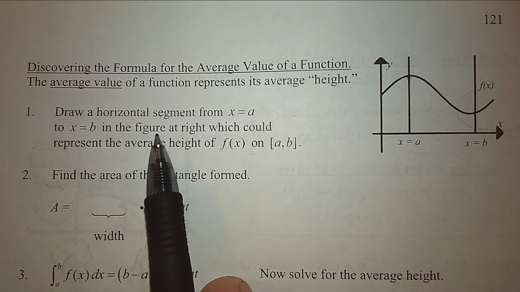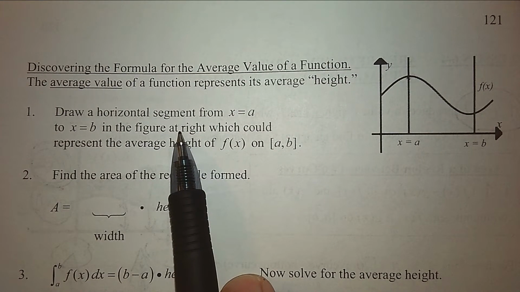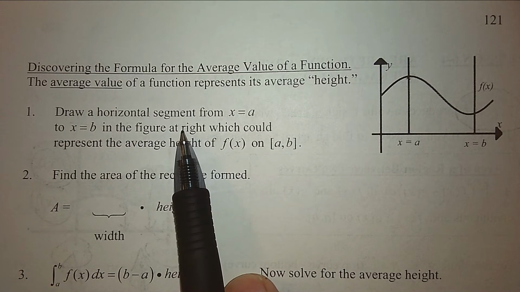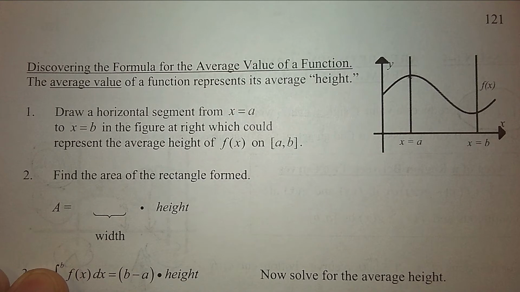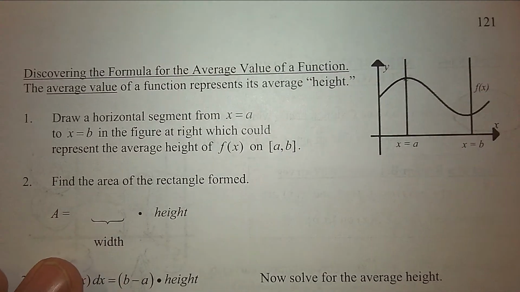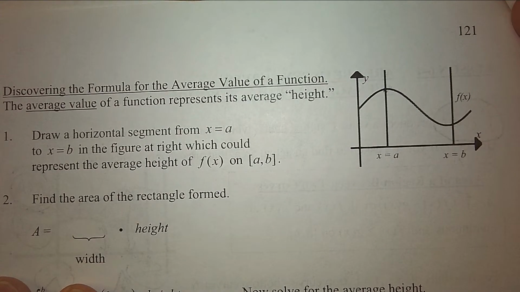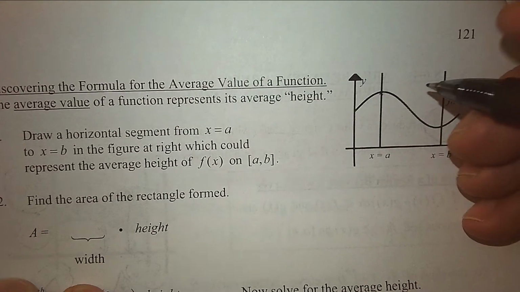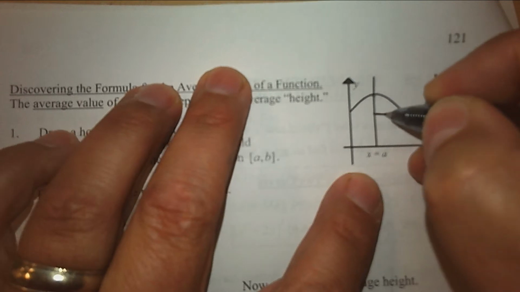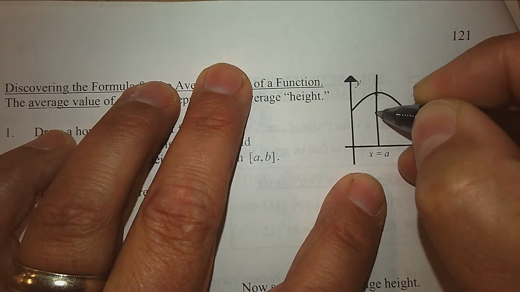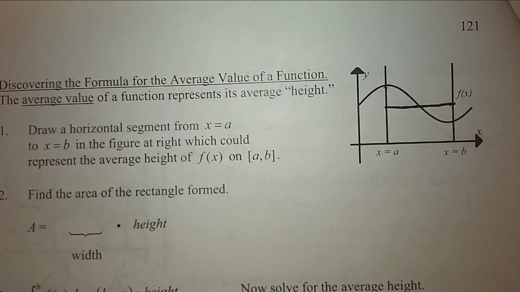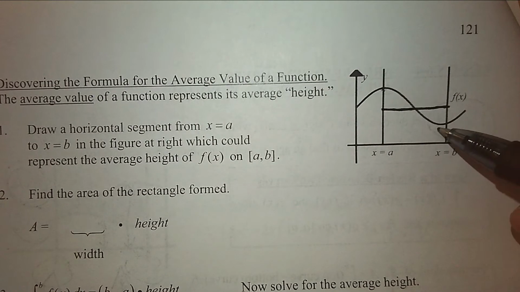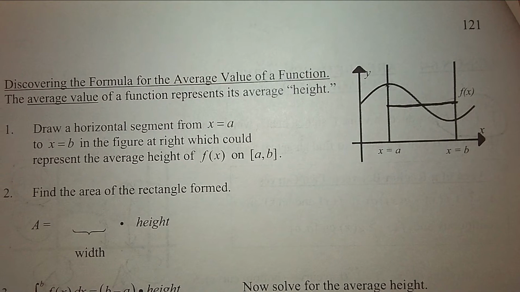So draw a horizontal line segment from x equals A to x equals B. So between A and B, I'm going to draw a horizontal line segment which could represent the average height. So something in the middle, like here. So draw a horizontal line that could represent the middle of that. So you have as much above as below, a middle part, a horizontal line.